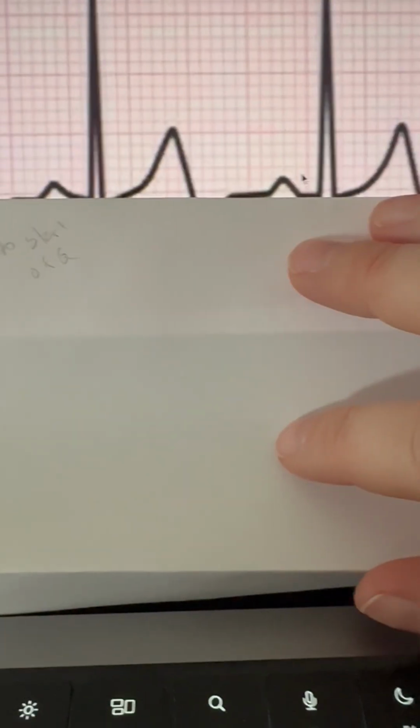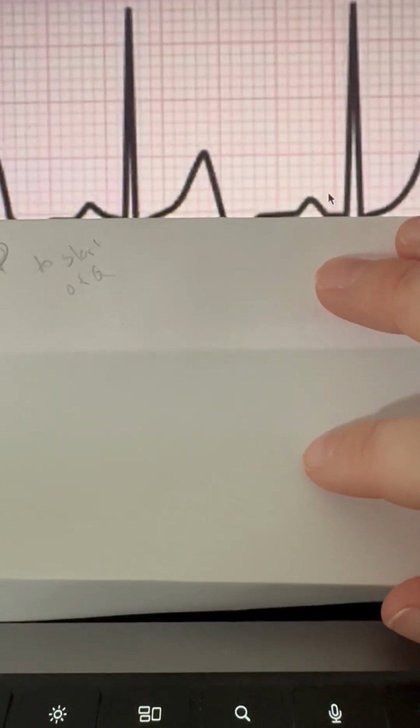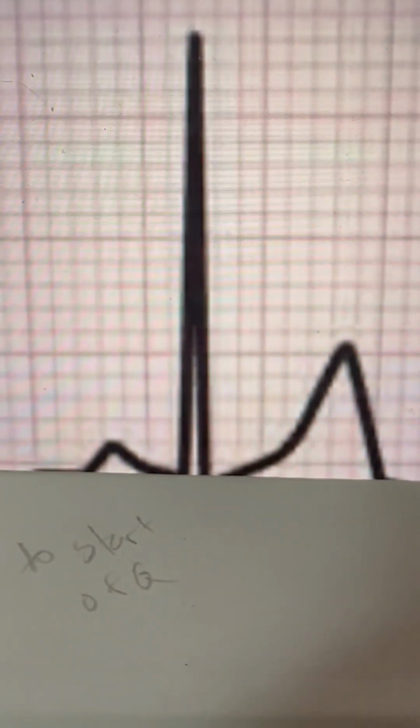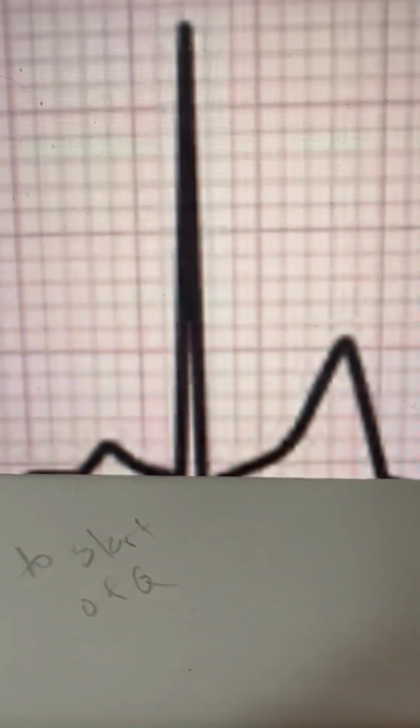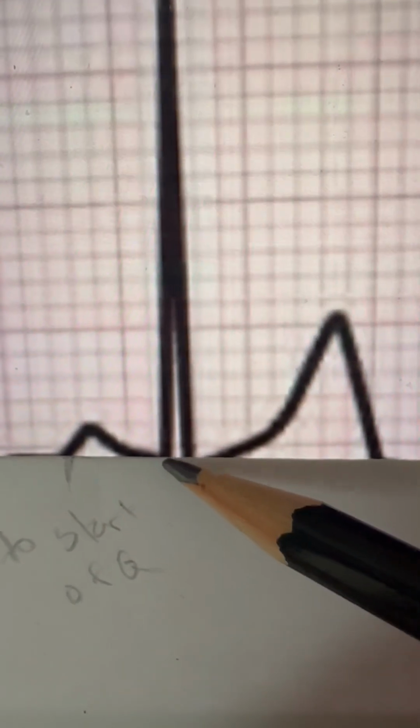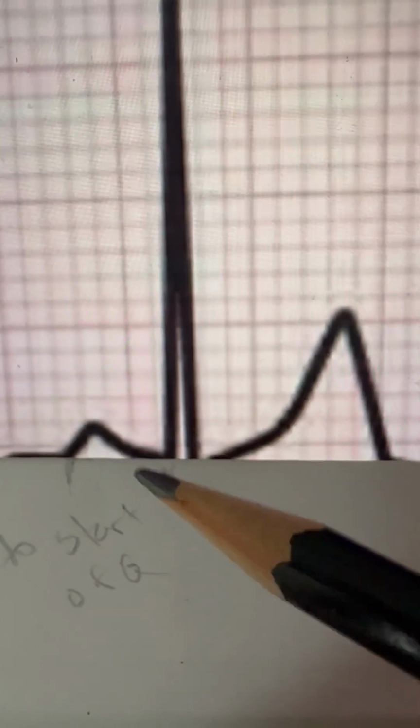You can't see the S wave, so when we go to QRS, you're gonna have to move the paper down a little bit. So we know, like I just said, your P to R is the beginning of your P wave, and it goes to the beginning of your Q wave. There you go.